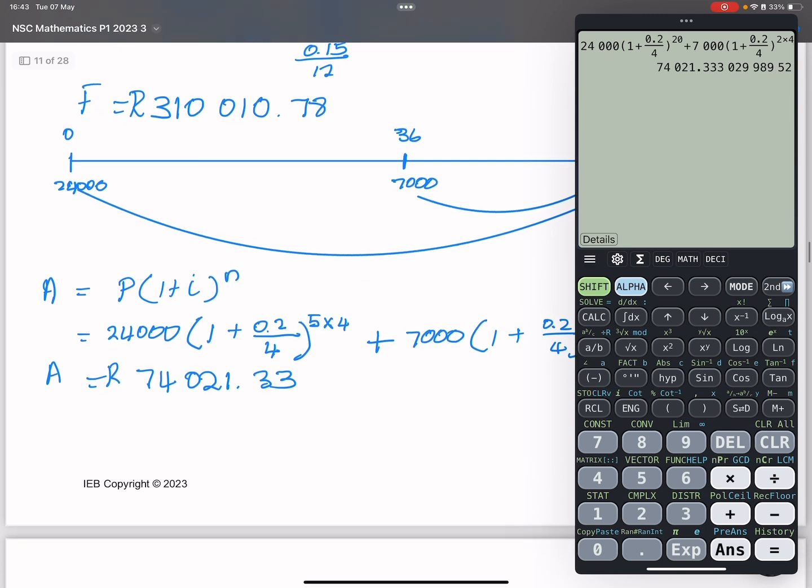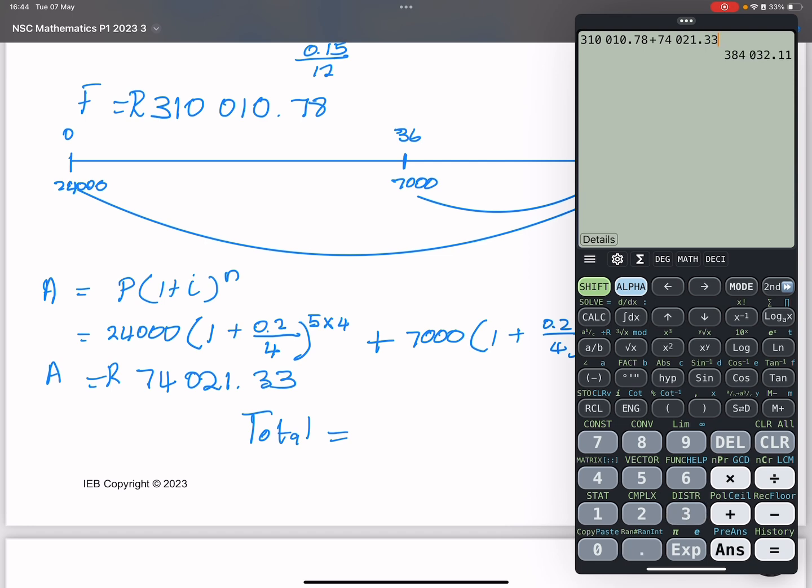So the total that I have from this investment would be 310,010.78 plus 74,021 and 33 cents.